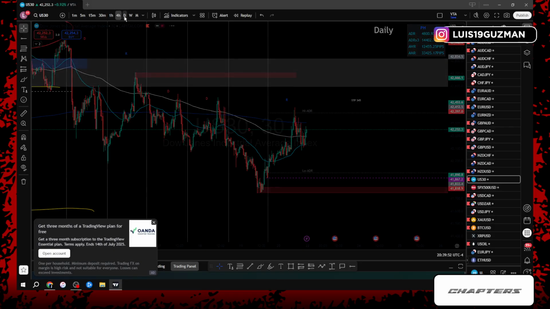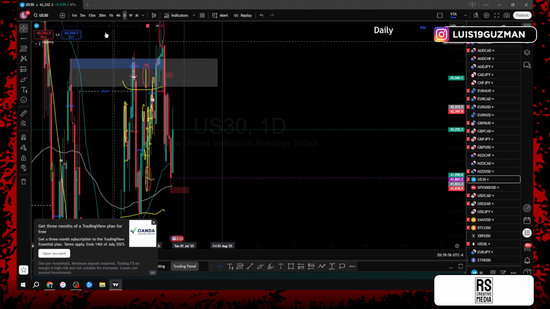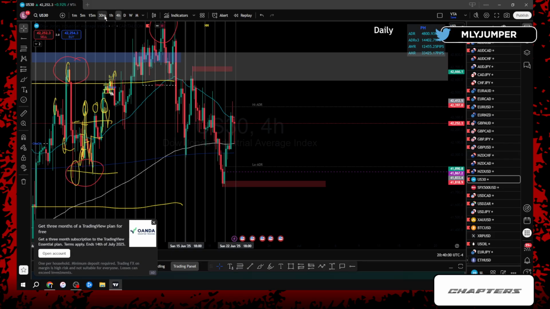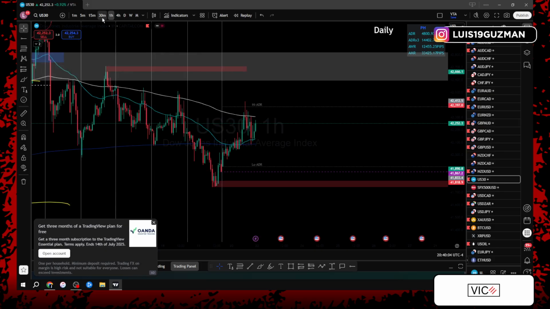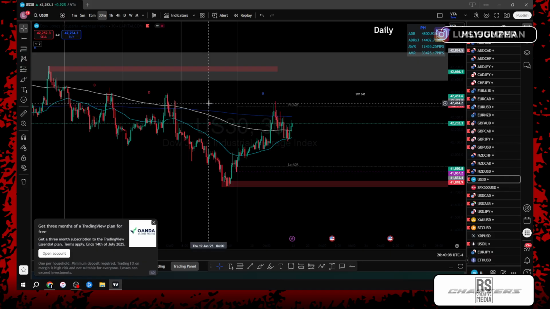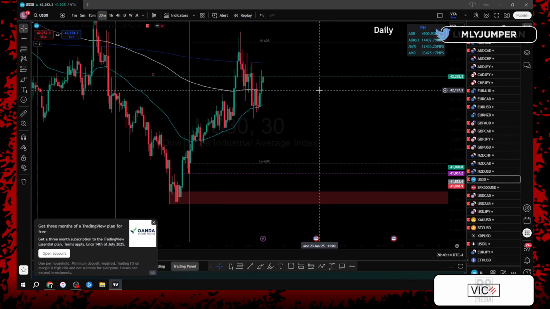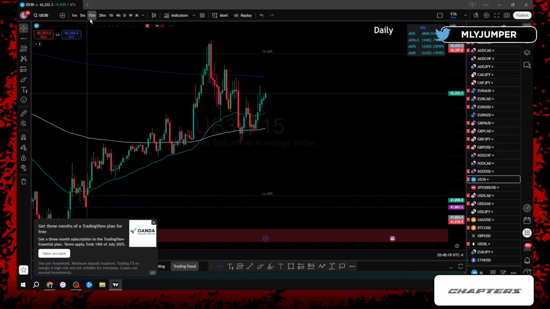I do want to check again on these higher time frames. Do we have any engulfing candles? Nothing on the daily, nothing on the 4, nothing on the 1 hour, nothing on the 30. On the 15 we had a nice one.